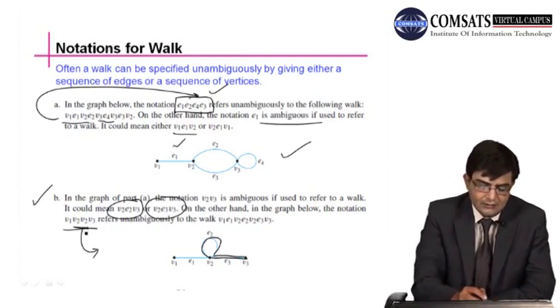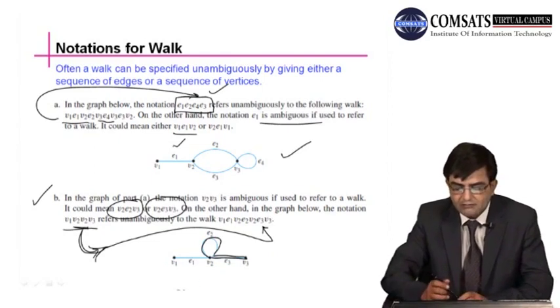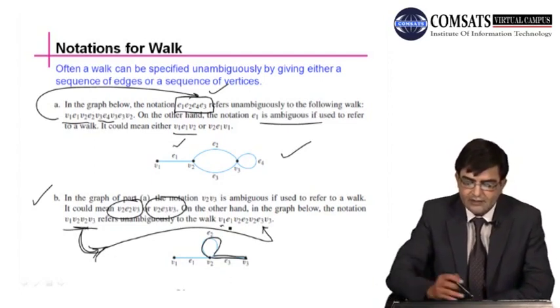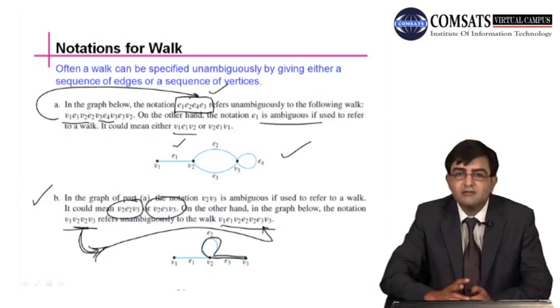This represents the same walk as V1, E1, V2, E2, V2, E3, V3. So this refers to the same walk as we write here. So where there is no ambiguity, we can write a walk by writing only the edges or by writing only the vertices.